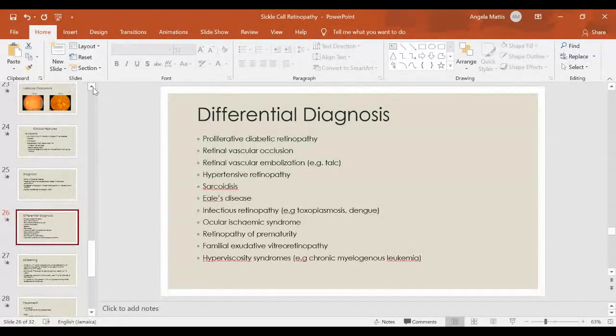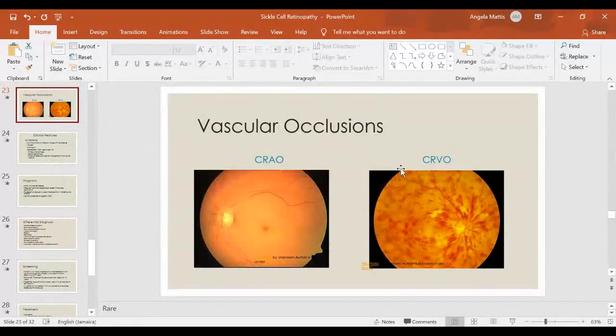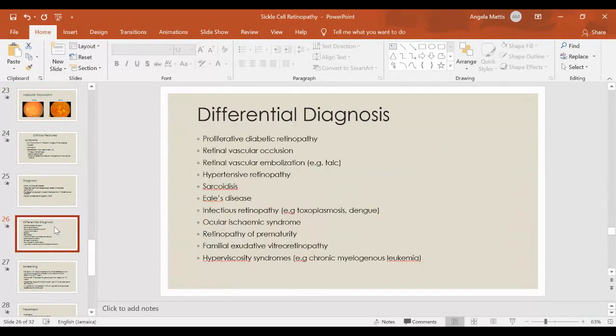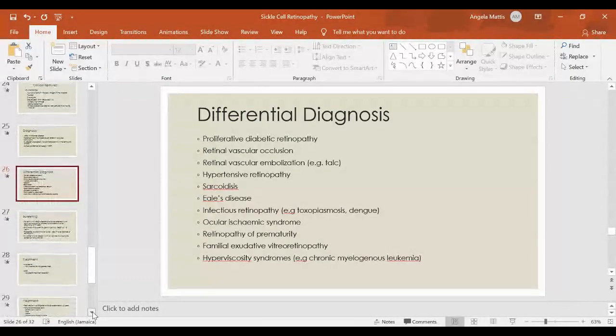If you remember, I'll just show you again. So this is central retinal vein occlusion, and this is also a differential of sickle cell disease. And so the list goes on. But I don't expect you to remember this. I certainly would not be asking you to give me a differential for sickle cell disease, but you should be aware of this, because the pathophysiology of a lot of these conditions follows the same route.